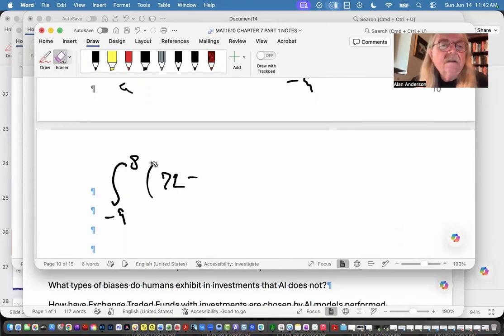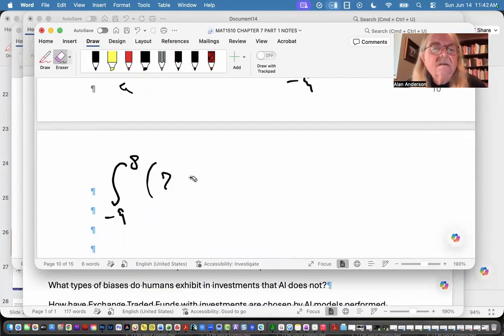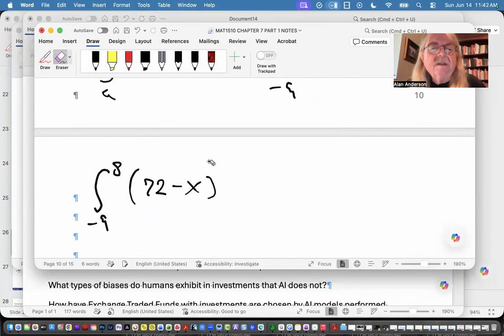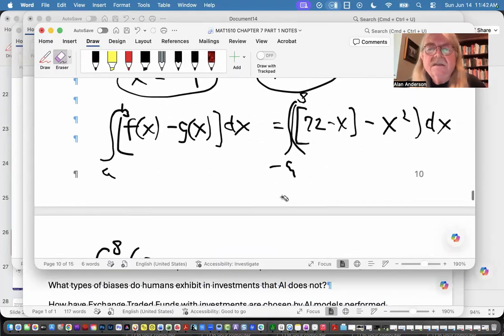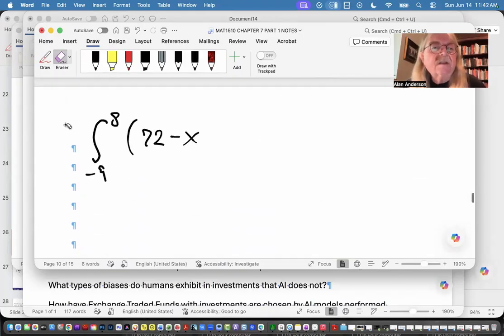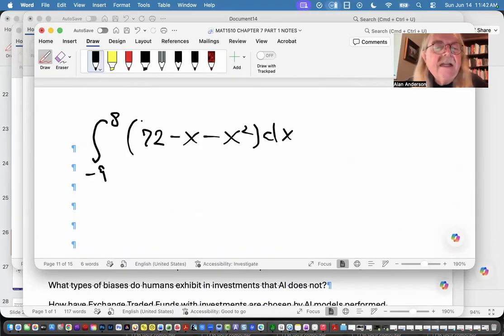Hold on. Actually, let me drop that parenthesis. 72 minus x squared. That's better. And that is going to be integrated over the interval from -9 to 8.